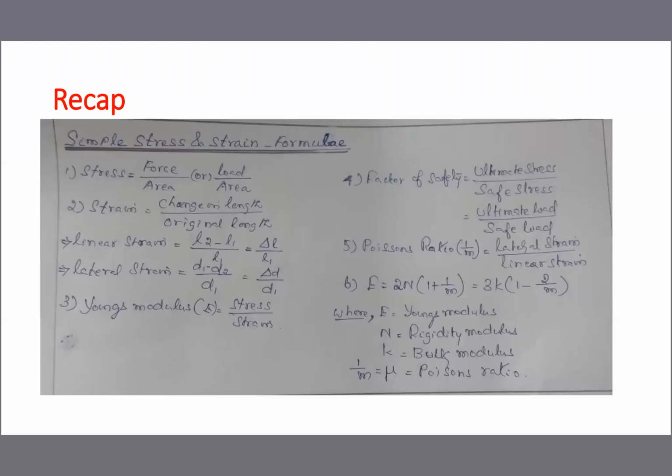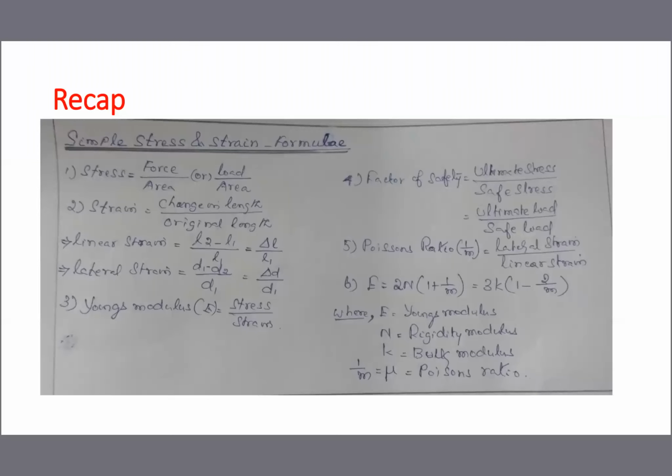Then the sixth one is the relation between the three moduli. Capital E means Young's modulus. Capital N means rigidity modulus. Capital K is bulk modulus. And 1 by m, as usual, is Poisson's ratio.